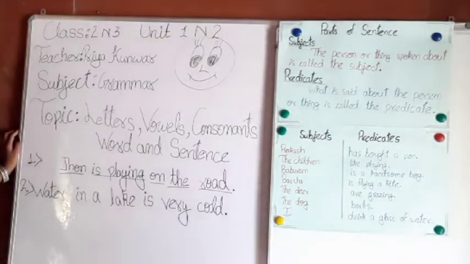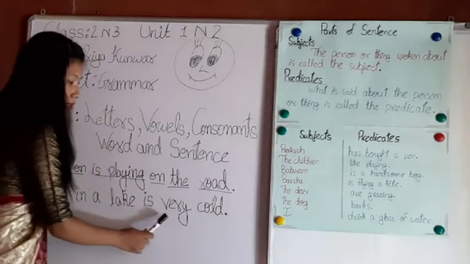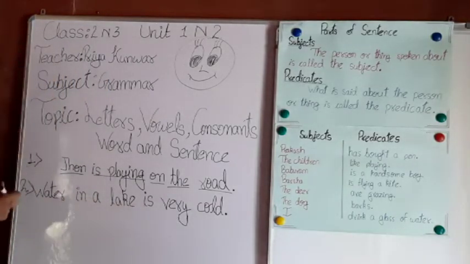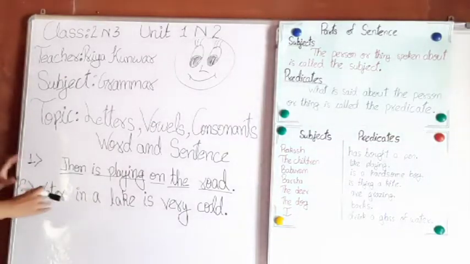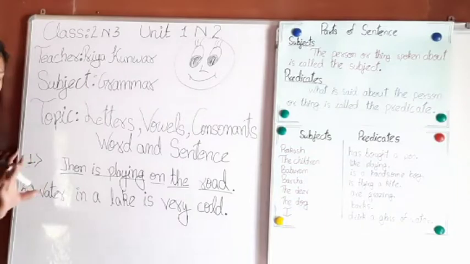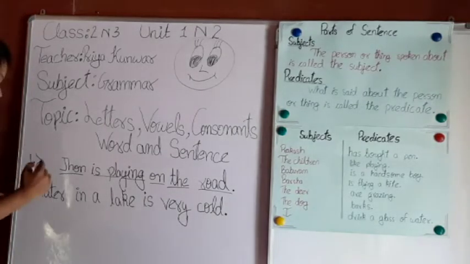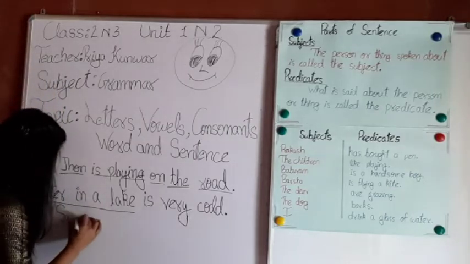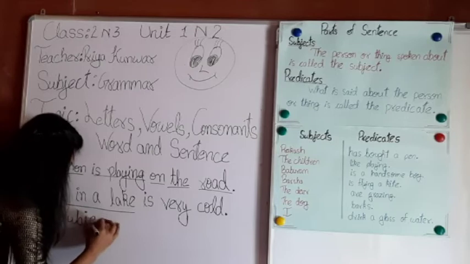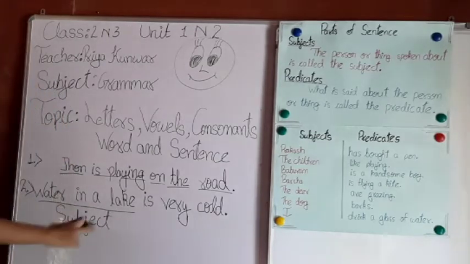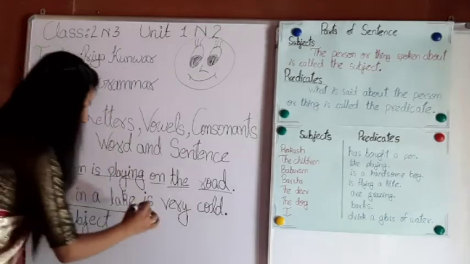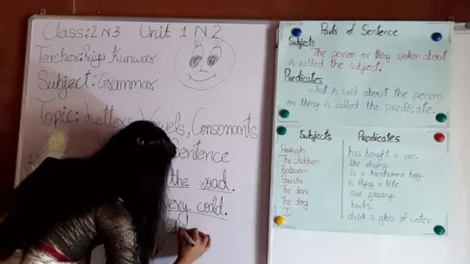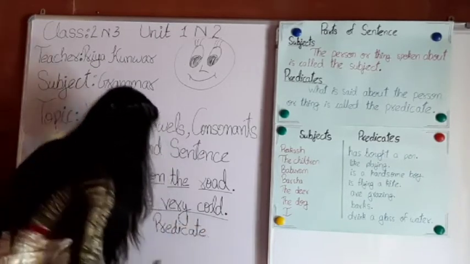Now the next example. Water in a lake is very cold. In this sentence, what is the subject here? Is water the subject? No. Only water is not the subject here. Water in a lake is the subject and is very cold is the predicate.